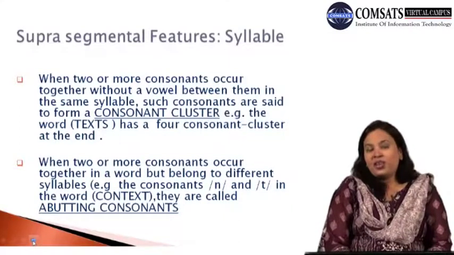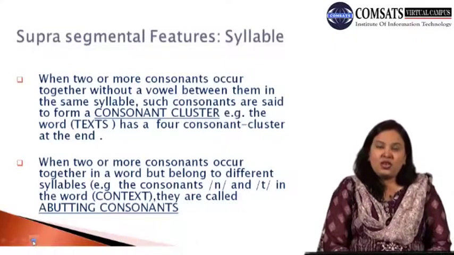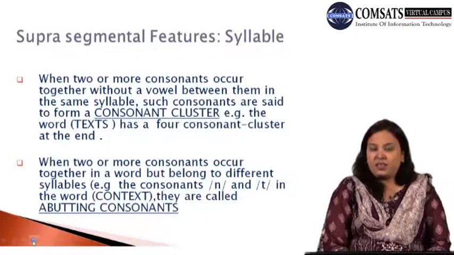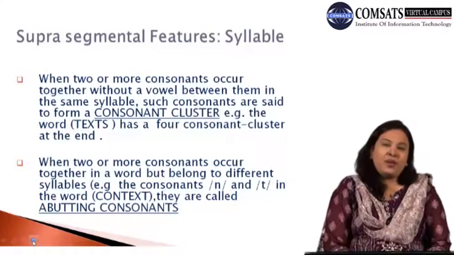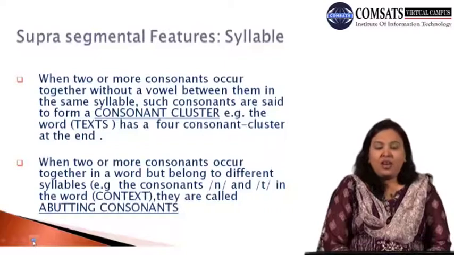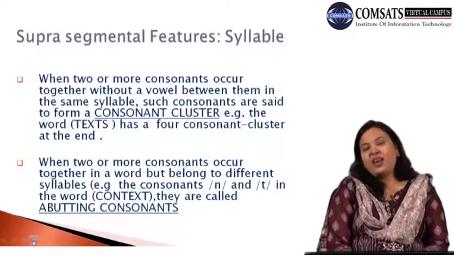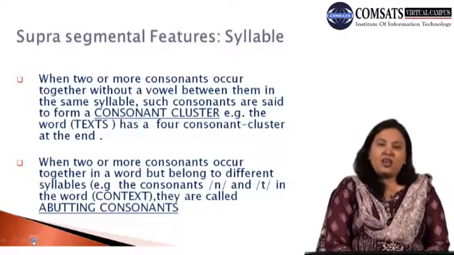So all of it is consonants. Such a consonant combination is known as a consonant cluster. For example, look at the word text. If you look at x-t-s, these consonants are making a cluster, and there are 4 consonants that all together make a consonant cluster.